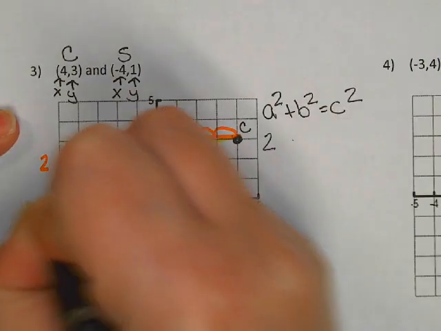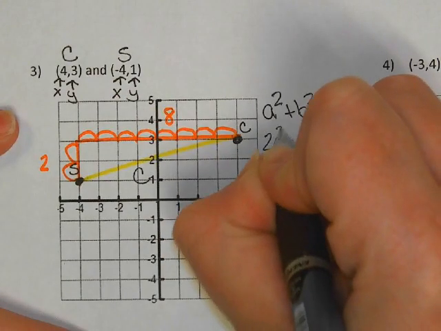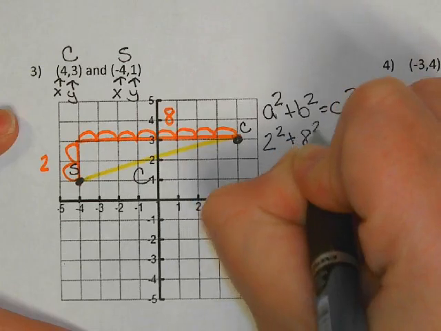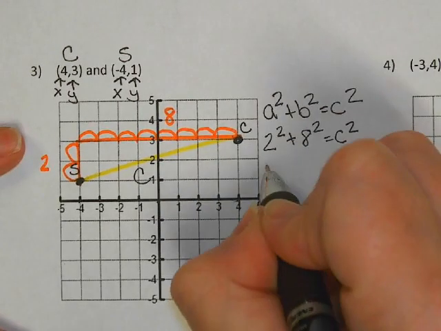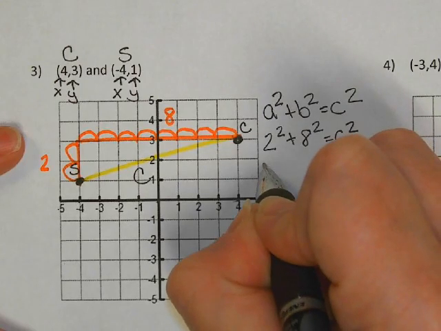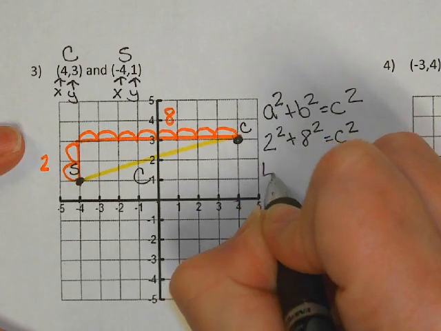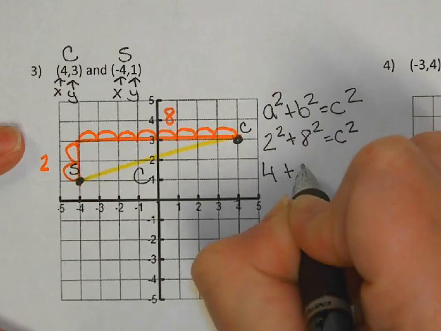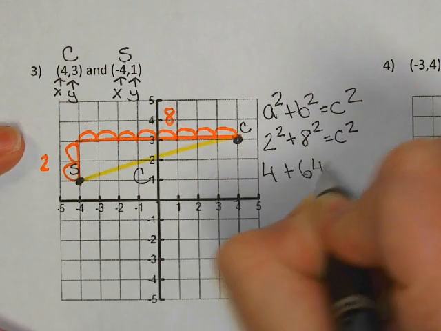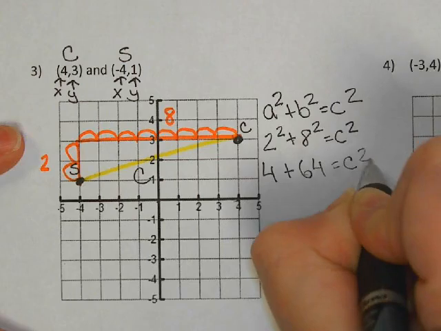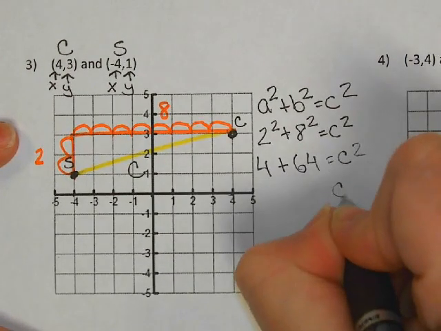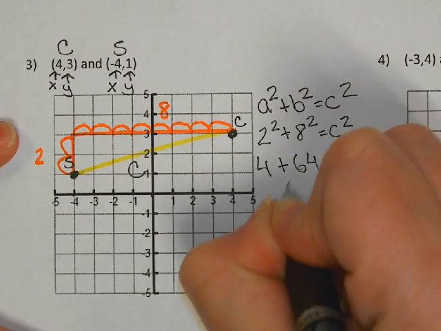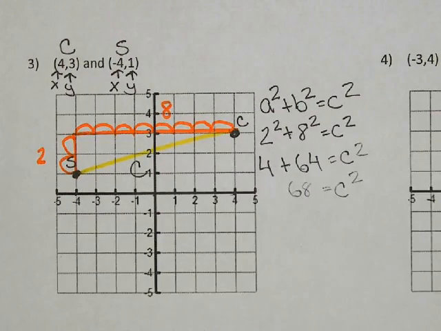And if A is 2, then what's B? 8. So 2 squared plus 8 squared is C squared. So what is 2 squared? 4. And 8 squared? 64. Okay? So what is 64 plus 4? 68.